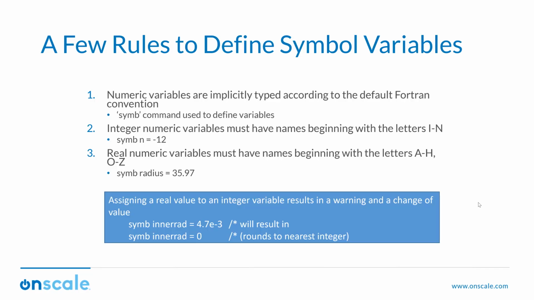Let's talk now about a few rules to define symbol variables, which are important, and I'll show you a few examples. The first thing you need to know is that numerical variables are implicitly typed according to default FORTRAN convention.